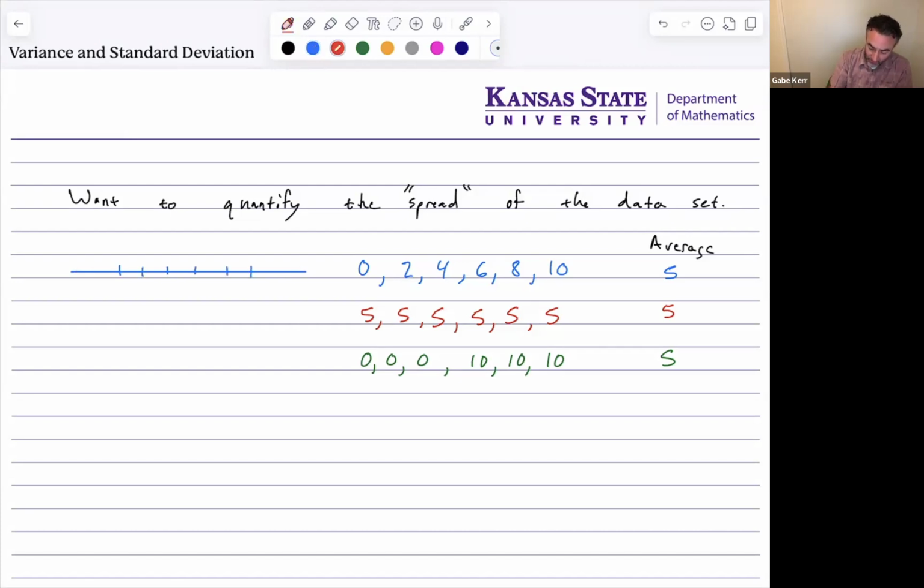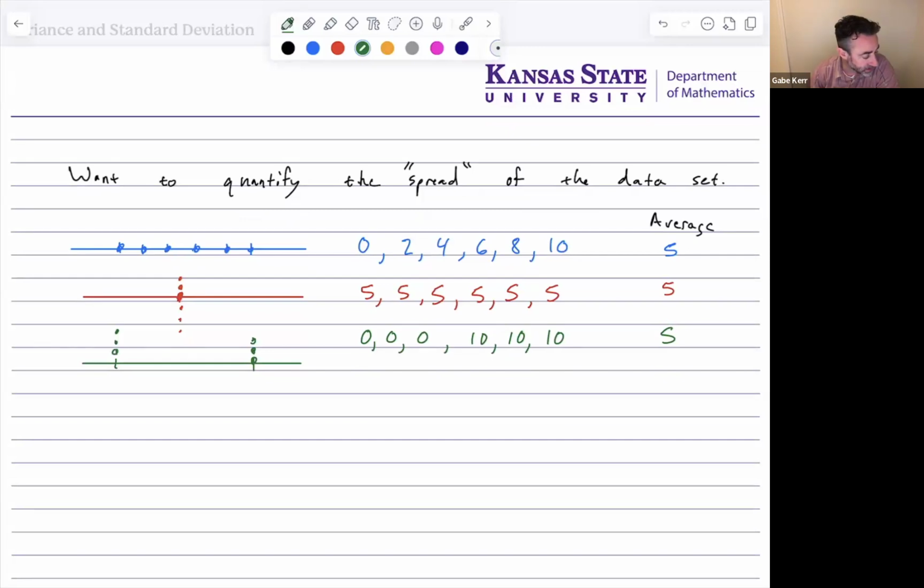In the second case, all of the data is clustered right at the average. The final one is a dumbbell scenario, with three sitting on one side and three on the other, so there are more extremes at the ends.